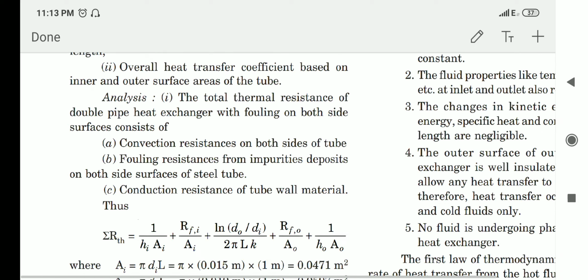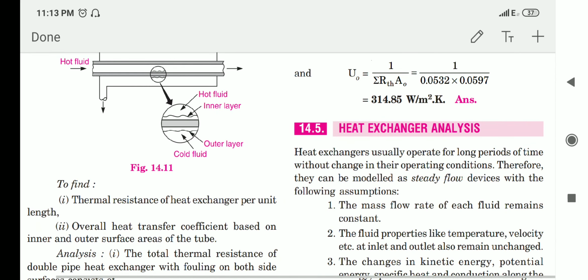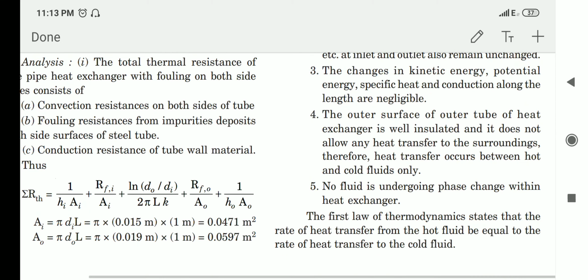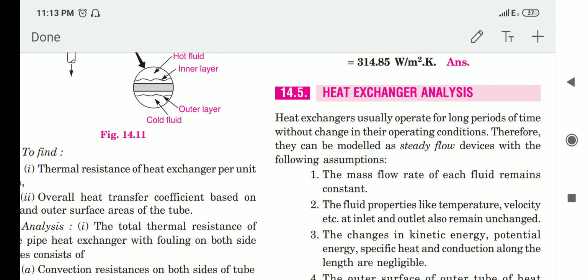Now we'll go to another important topic, which is the heat exchanger analysis. Basically we have two types of analysis as far as heat exchangers are considered. One is the LMTD analysis and the other is the effectiveness NTU analysis. LMTD analysis is mainly used for the sizing calculation of heat exchangers.